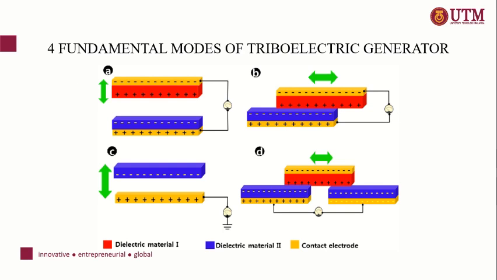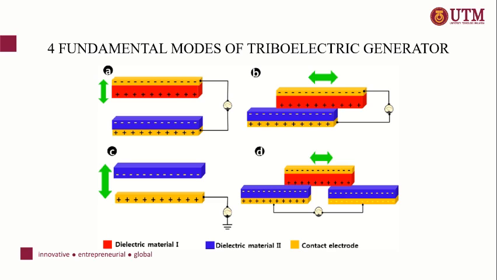There are several fundamental operation modes available, but most of the operation could be summarized into 4 important modes, which are, as shown in Figure A, the attached electrode contact mode triboelectric generator, and Figure B is the attached electrode sliding mode triboelectric generator.